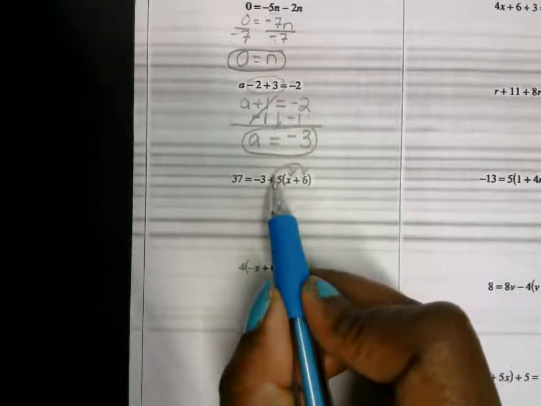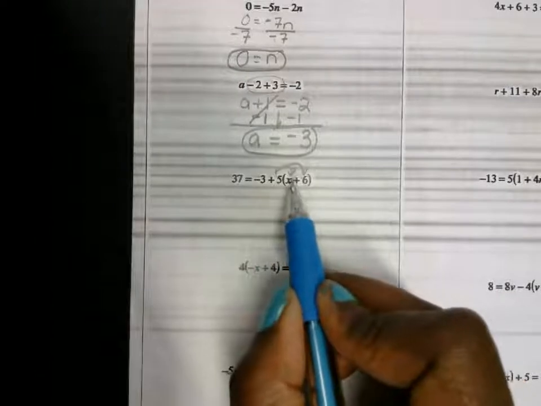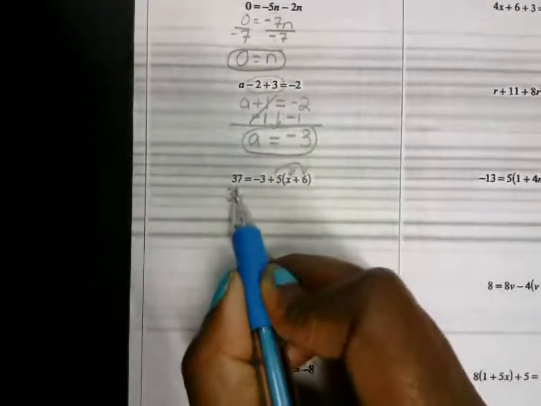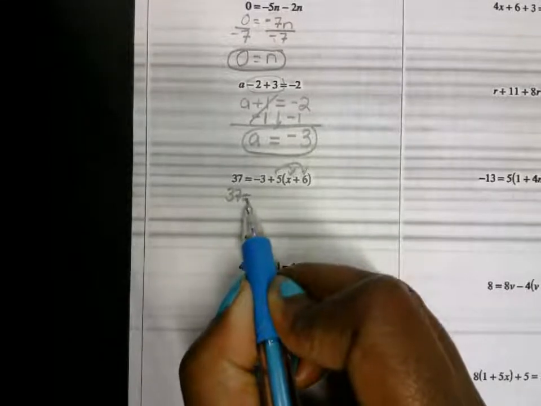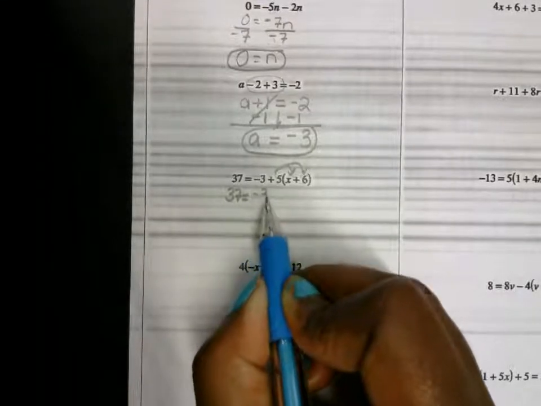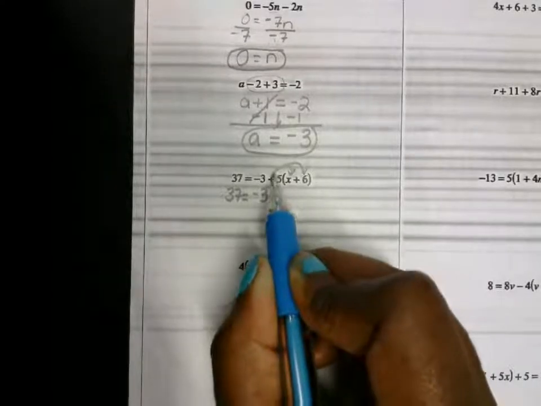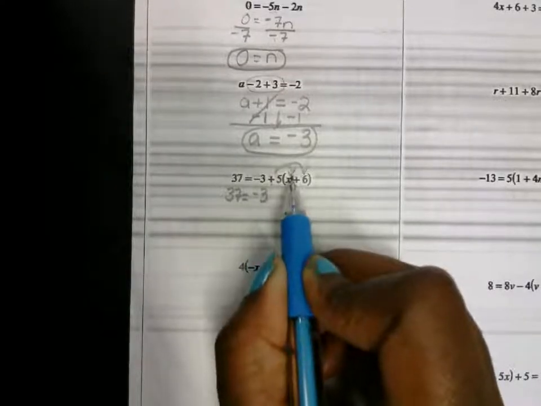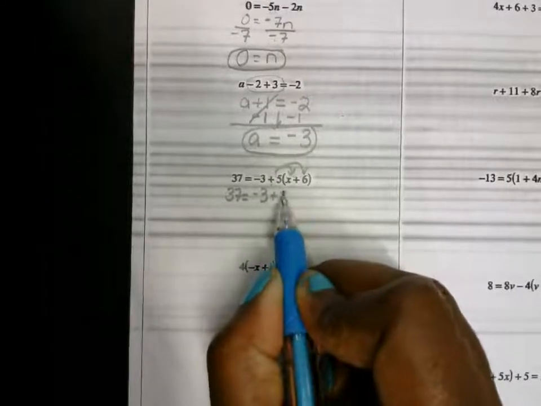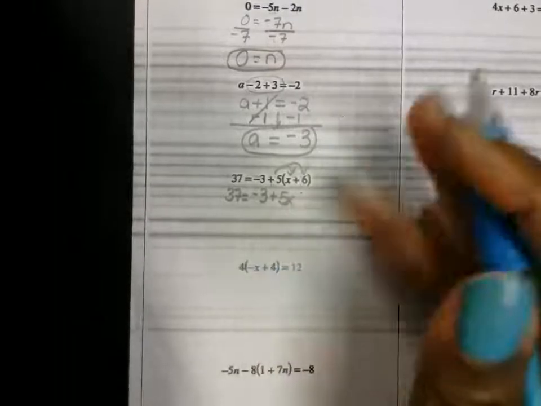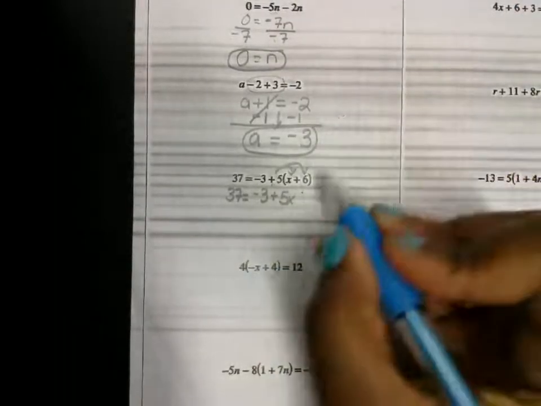So you're going to multiply whatever this is to the terms in the parentheses. I'm going to bring this down. Bring this down. 5, positive 5, because there's a plus sign in front of it, times x gives you a positive 5x. Positive 5 times a positive 6 gives you a positive 30.